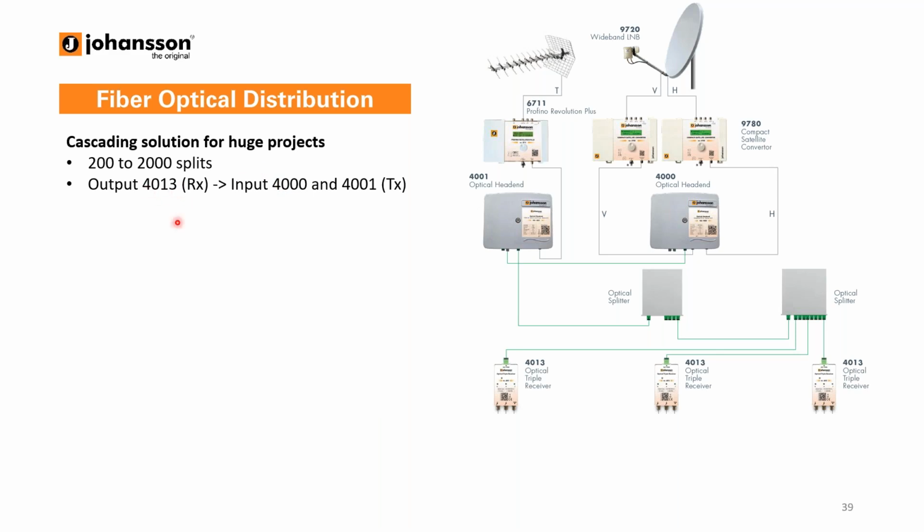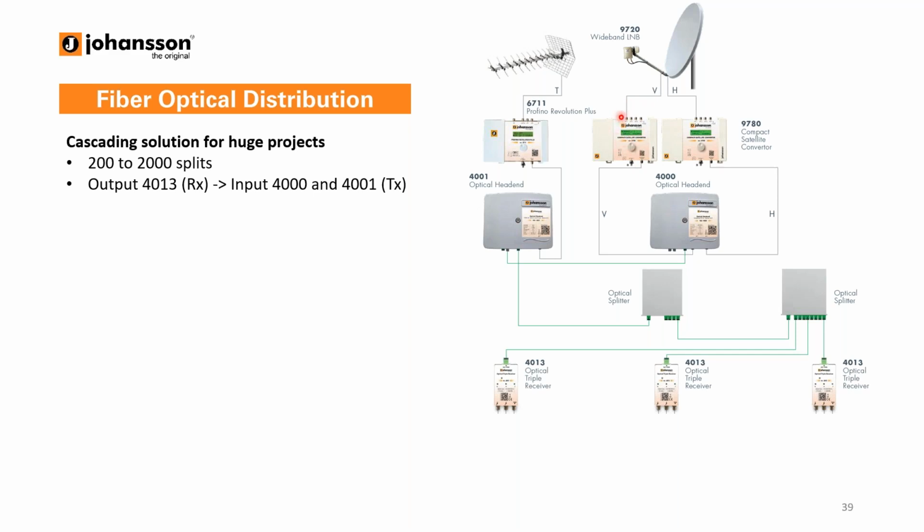So even we can go up to 2000 splits, and I think even more already. So in that case, how do we do this? And we don't use expensive optical amplifiers. So basically what we do, you have your terrestrial, your satellite, okay, your amplifiers. Maybe important, you can see here two compact satellite converters. So for one cable, you need to have one of these devices.